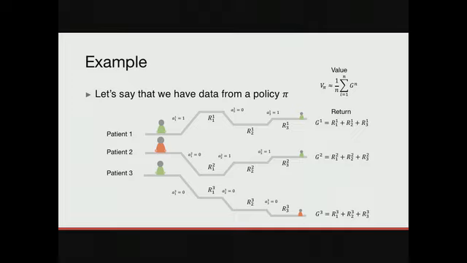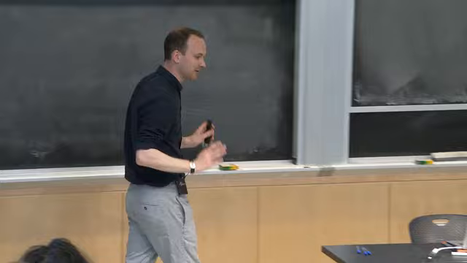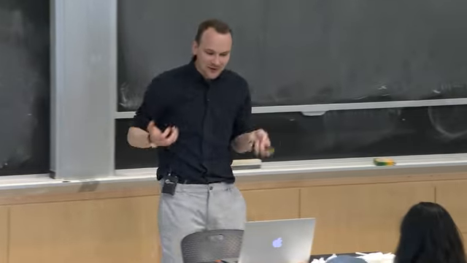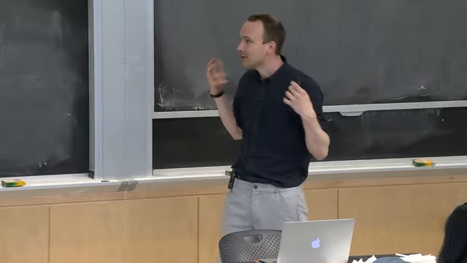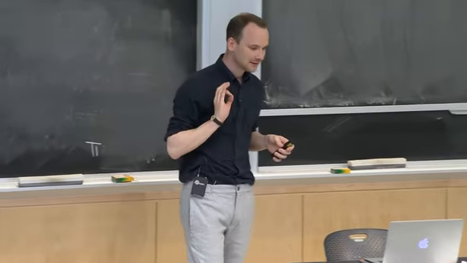And at the end, we can sum those up, and that's our return. So each patient has one value for their own trajectory, and the value of the policy is then the average value of such trajectories. Okay? So that is what we're trying to optimize. We have now a notion of good, and we want to find a pi such that that v pi up there is good. That's the goal.